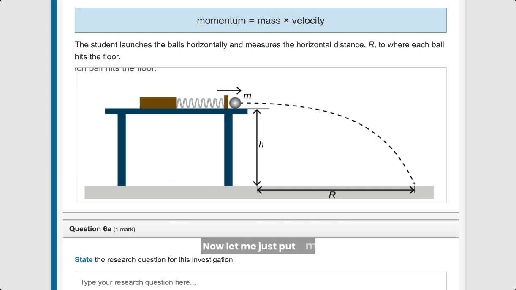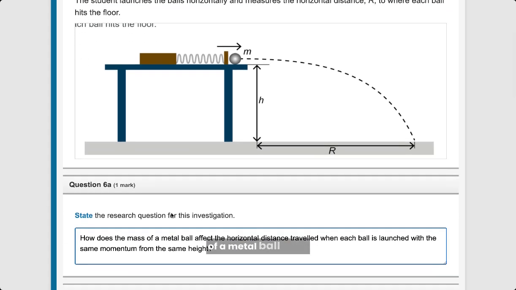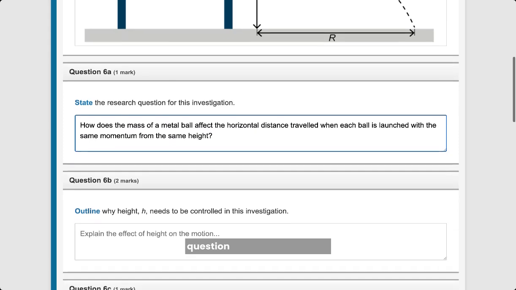Let me put it here: How does the mass of a metal ball, my IV, affect the horizontal distance travelled, my DV, when the ball is launched with the same momentum from the same height? So I'm keeping my CVs also in my research question.